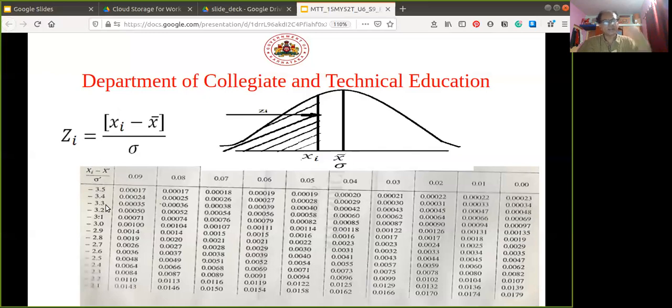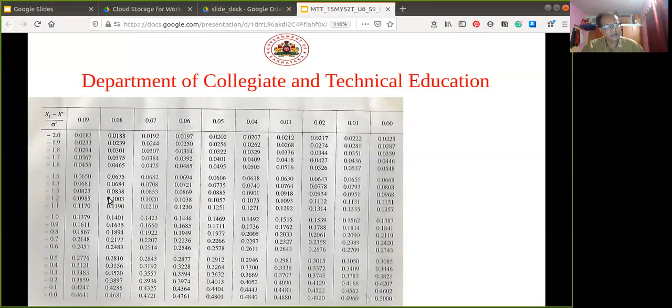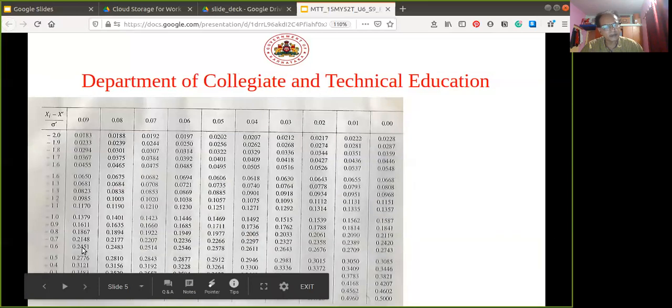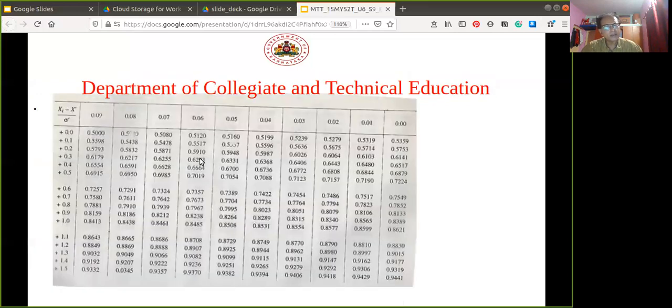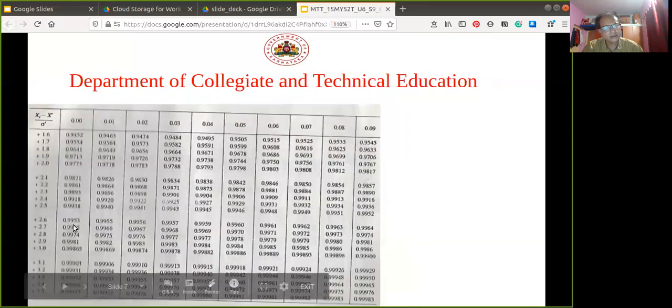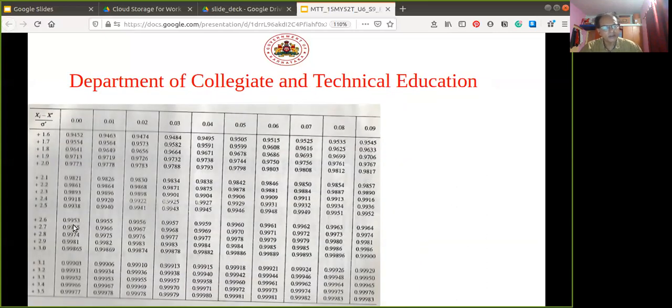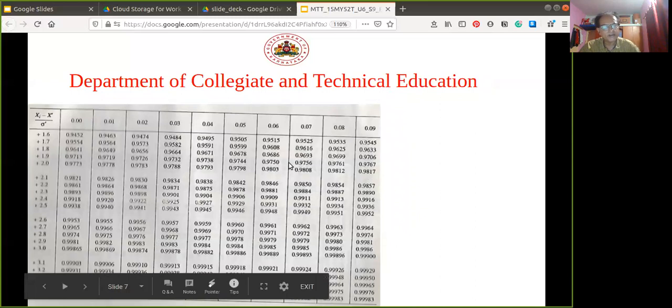In this table, zi starts from minus 3.5, then minus 3.4, 3.3, and it goes on decreasing in magnitude until it reaches 0. Then it increases from plus values, going up to plus 3.5 at the bottom of this column.